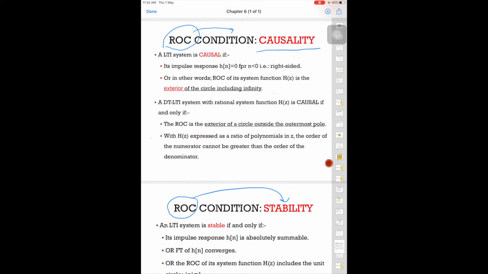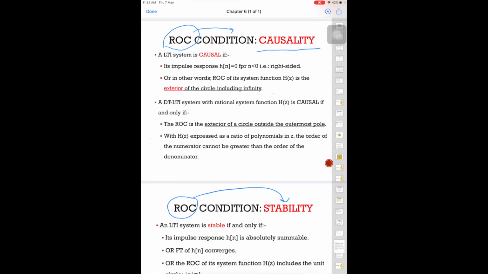Okay, so if you read through here, an LTI system is causal if your impulse response Hn equals 0 for n less than 0, which is a right-sided signal, or in other words, the ROC of its system function Hz is the exterior of the circle including infinity.